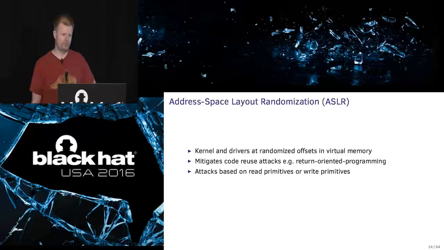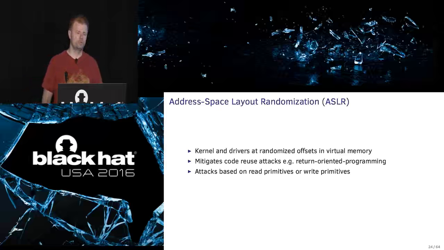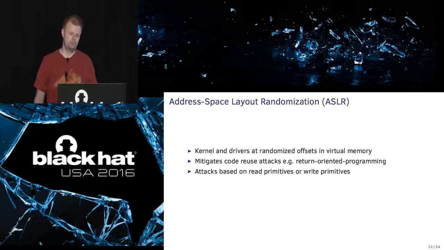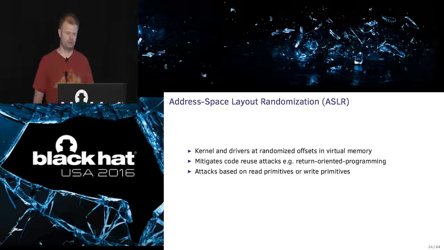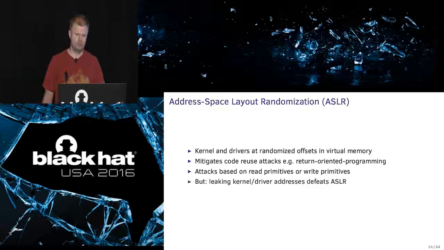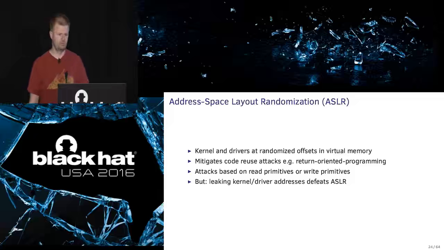It also mitigates attacks based on read primitives or write primitives, that is, the classical exploits. The idea here is that if an attacker does not know where in memory the code or the data that he needs to use is, then he is unable to mount an attack. What, however, can happen is that if a kernel or a driver address is leaked, it defeats the mitigation.